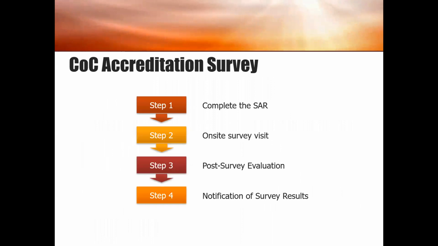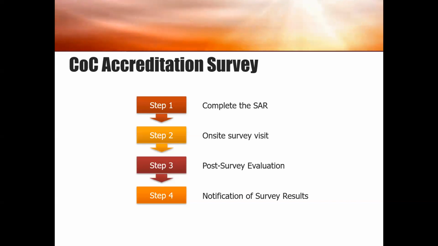So the CoC accreditation survey consists of 4 basic steps. The program completes the SAR and the PAR on off years. The PAR should be completed each year, even if you are not being surveyed.